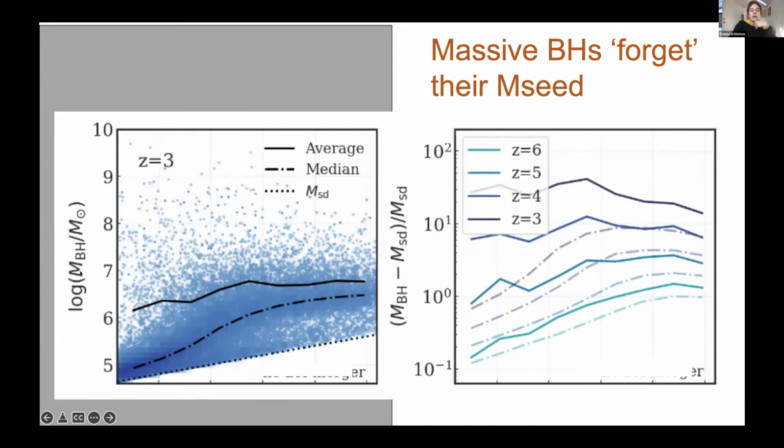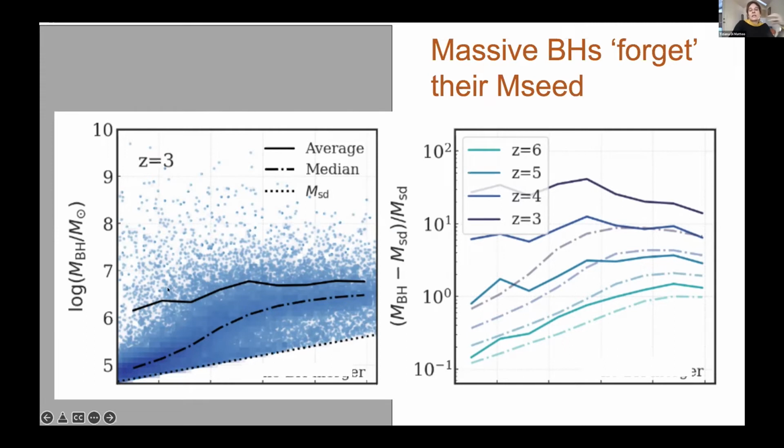So this is the black hole mass that we measure at redshift 6 for the full population of black holes in gray. And down here, there should be the black hole seed mass at which the black hole was seeded up to redshift 10 or 15, okay? So this is basically a range that was going from 10 to the 4 to 10 to the 8.